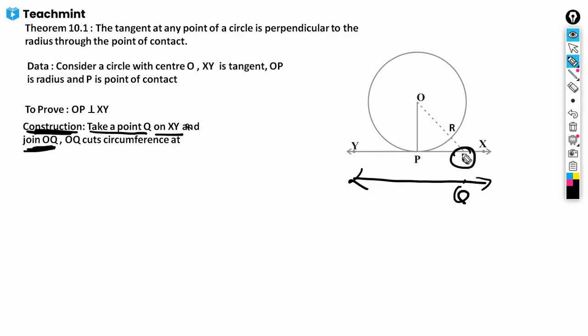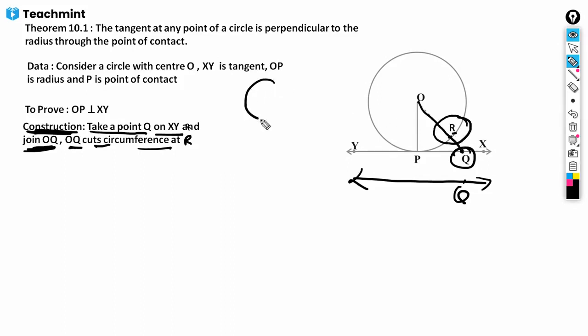This dotted line indicates that I have joined OQ. This OQ cuts the circumference at R, where it intersects the circumference at point R.